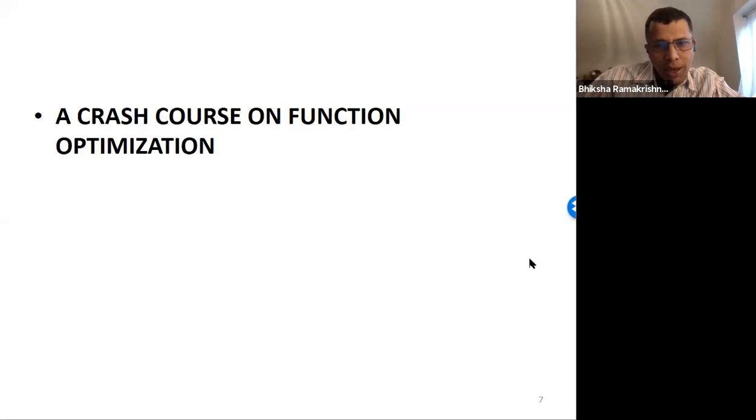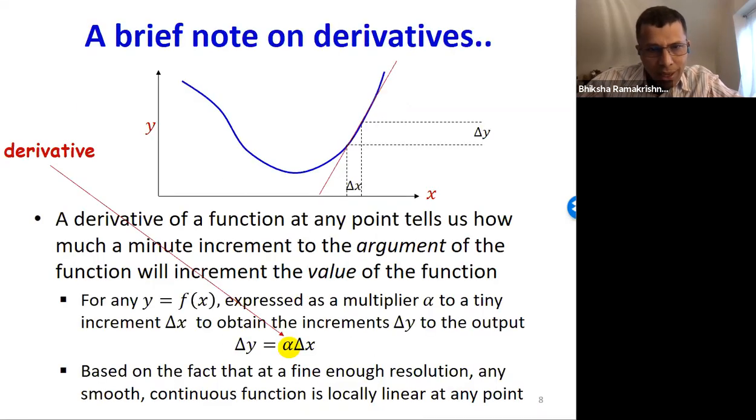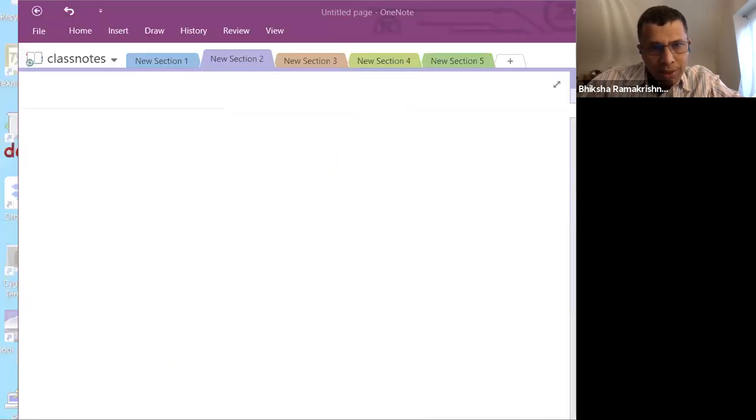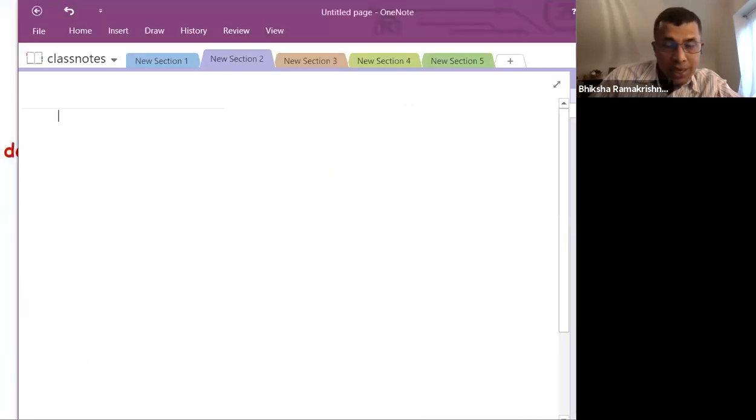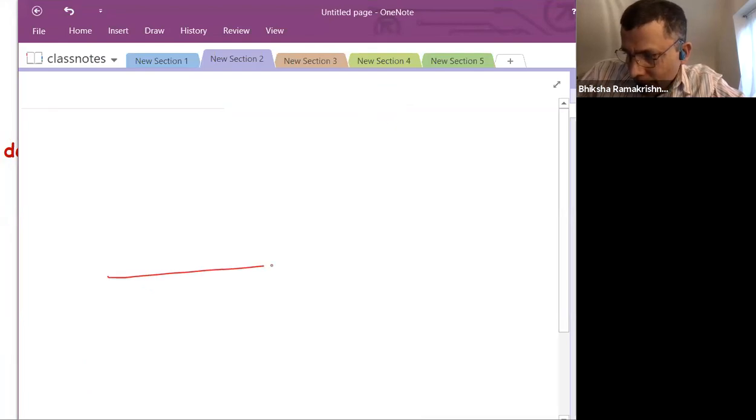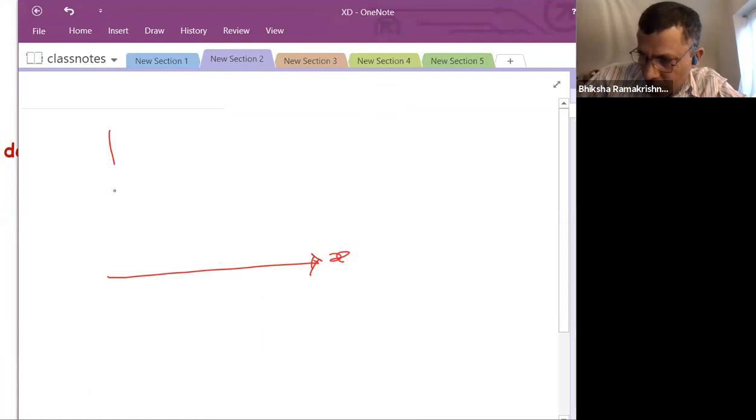Okay, so rate of change, right? Now here is, in a mechanical way, the only way to really define a derivative. Suppose I'm going to draw this for a scalar function. I have some variable x. I have some function f of x.